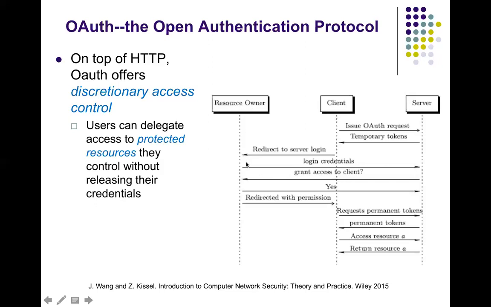So the resource owner enters his login credentials to the cloud, and then the cloud sends a request asking whether the resource owner would grant access to this client. If he says yes, then he will redirect a permission to the client, which allows the client to get access to some of the resources controlled by the resource owner.